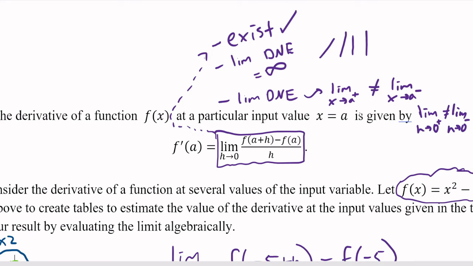Remember there's that separate definition with x minus a, and it's the same thing. As you get closer and closer to that point, from one direction you might be getting slopes of these secant lines that seem like they're going towards something, but from another direction it's something different. So it does seem like there could be three of these. Let's see what happens.